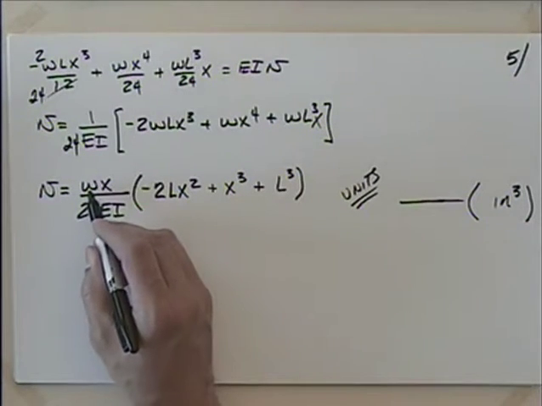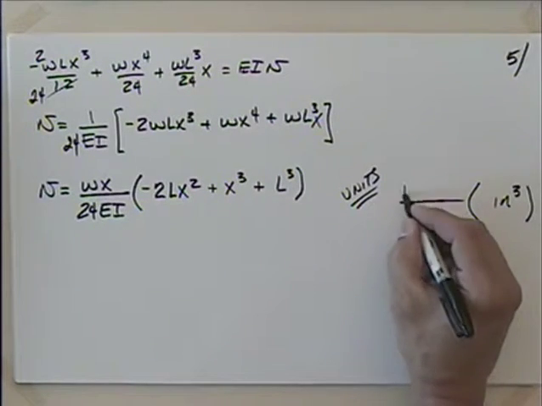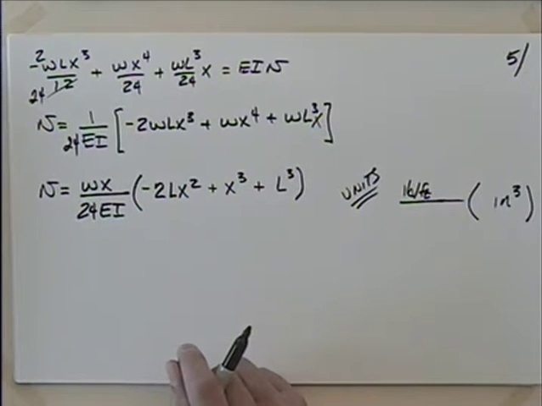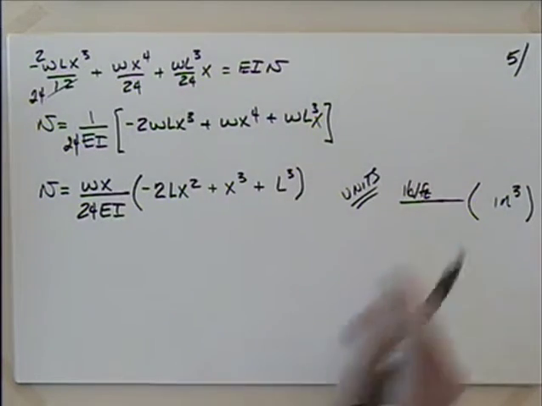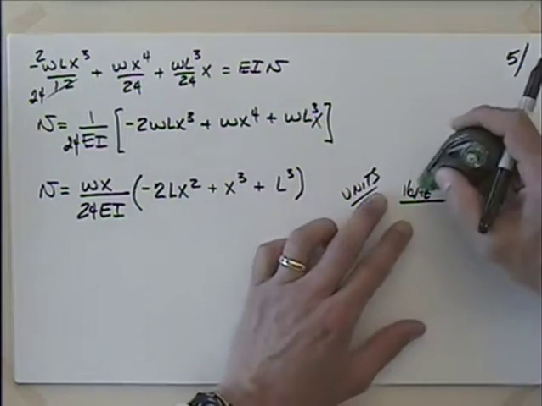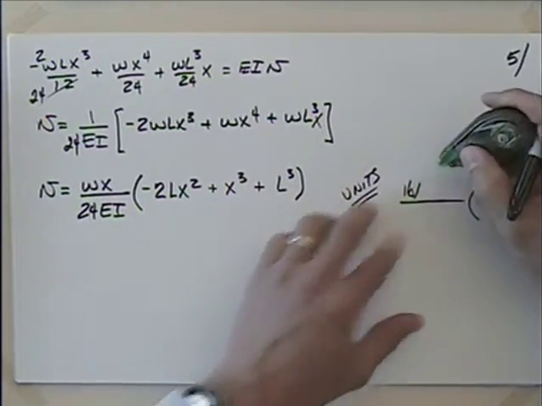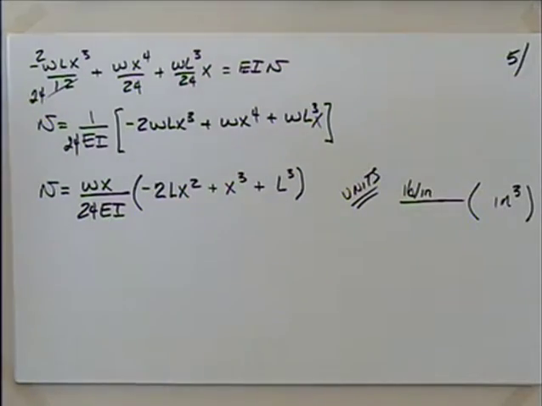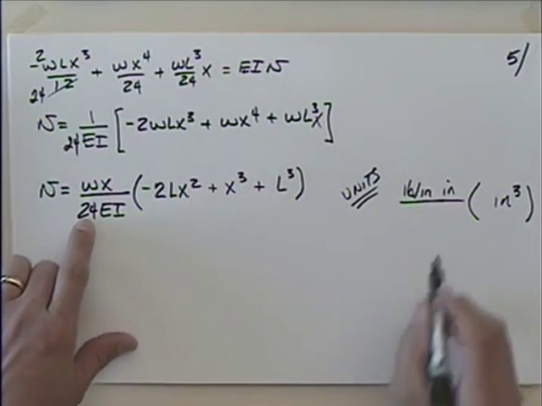This W is going to be pounds per foot. Yeah, we'll probably have a units problem there, won't we? So maybe I should say it's pounds per inch. So I'm going to say pounds per inch. Keep our units really nice. We'll talk about the implications of that. I'm going to say that x is in inches.